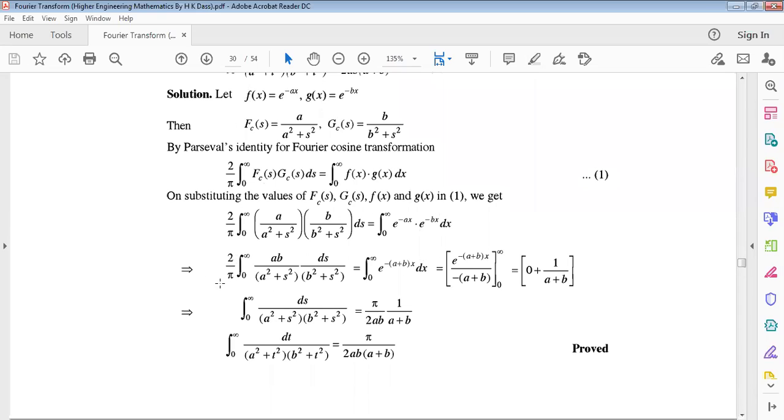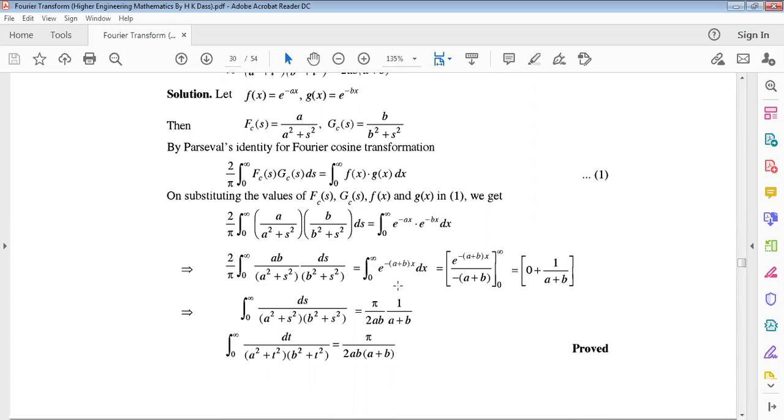Right, now 2 divided by pi, this whole ab and this one, the product of these two, equals integral 0 to infinity. You can take it altogether in exponential form like this, e to the power minus (a plus b) into x dx.